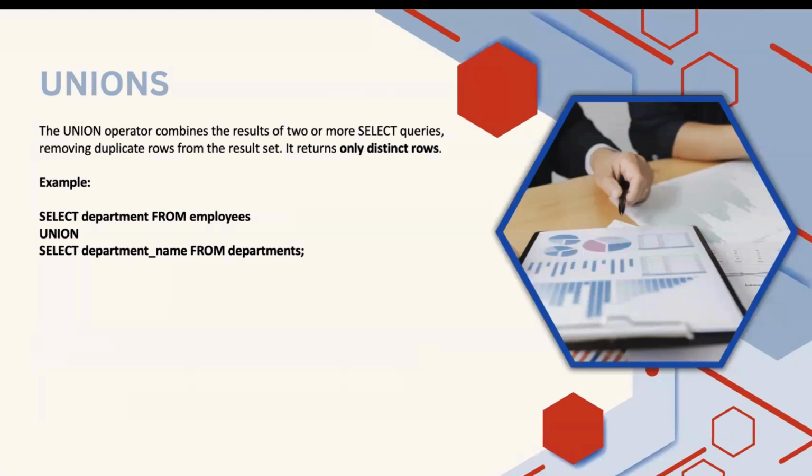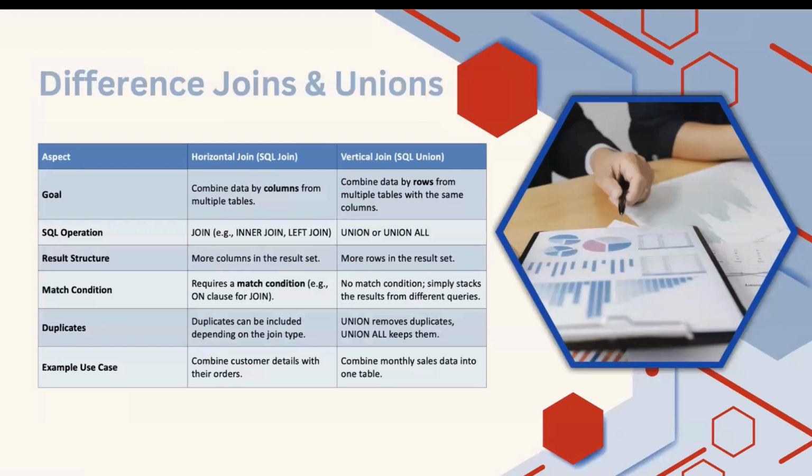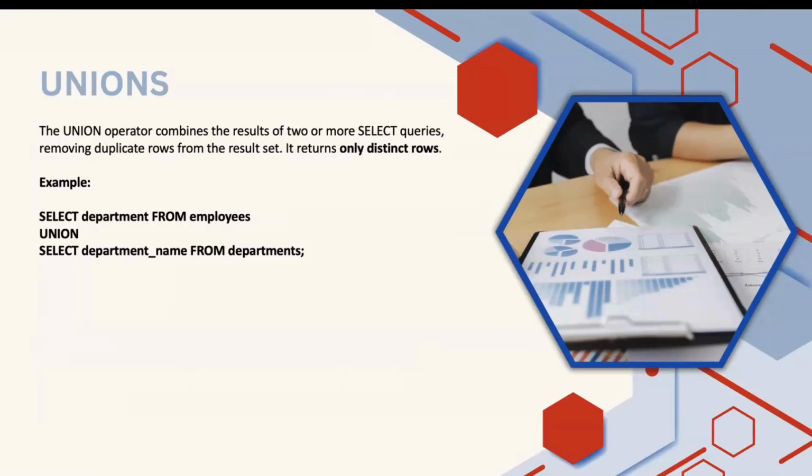Without that also it's possible to execute it. Today we are seeing the union and union all, and then we will see what the exact difference is between joins and unions, where it is used and how it returns the records.